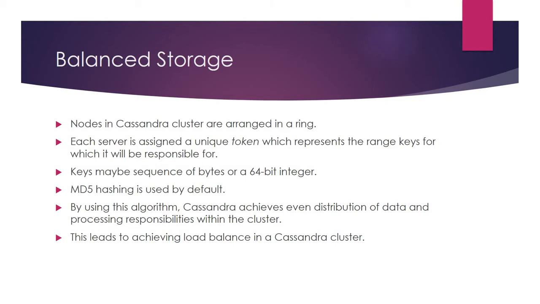As a result of using the MD5 hashing algorithm, Cassandra achieves even distribution of data and processing responsibilities within the cluster. This is due to the domain and range characteristics of the MD5 algorithm.